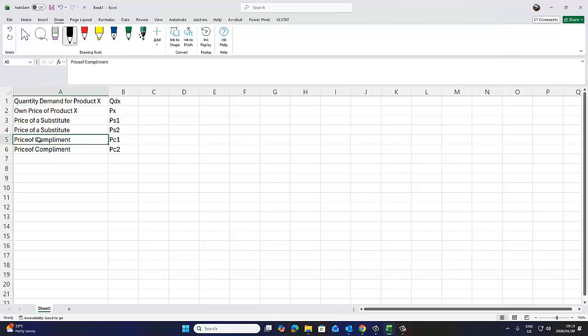Typically coffee and sugar, fish and chips, salt and vinegar, steak and chips. Whatever the product is, it most probably has a lot of complements. Substitutes are what you can replace it with: chicken and beef, Coke and juice. Chocolate and chips, whatever the case might be, a complement goes with it.